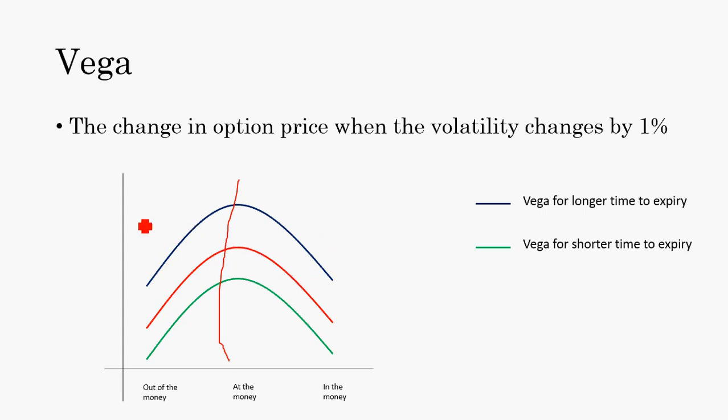So the Vega values are high when the time to expiry is high, and this green line indicates when the time to expiry is low. Okay, as you approach the date of expiry, the Vega values also come down, but their values are high for at the money options compared to out of the money or in the money options.